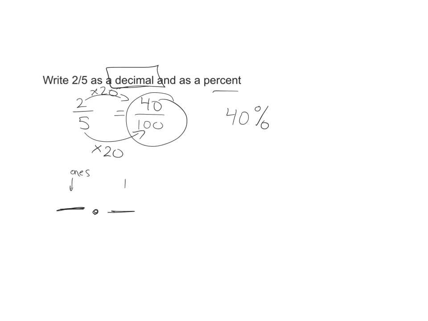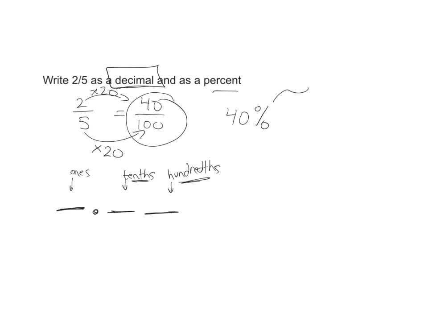Behind the decimal place, this is our tenths. The next one is hundredths. Now these words are really, really important. Tenths mean how much I have out of 10. Hundredths mean how much I have out of 100.